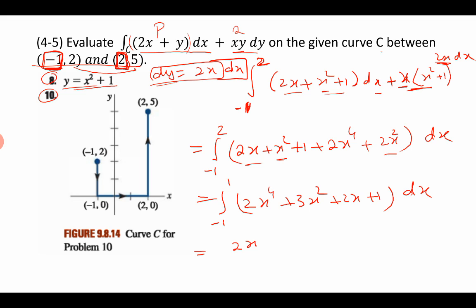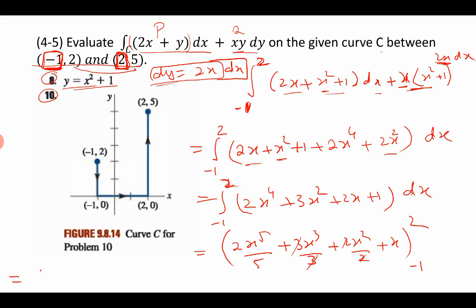First term will be 2x power 5 over 5. So the integration is from -1 to 2. Second term will be 3x cube over 3. Third term will be 2x square over 2. Final term is x, from -1 to 2. Now you know 3 will be cancelled, 2 will be cancelled. Substitute upper limit 2.